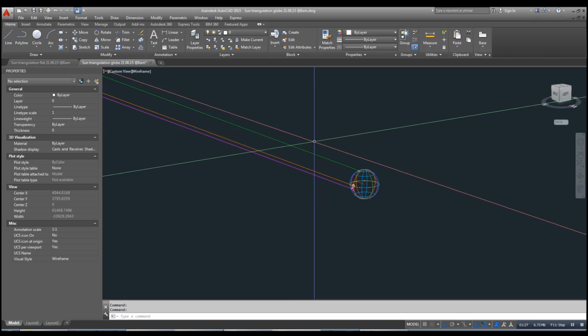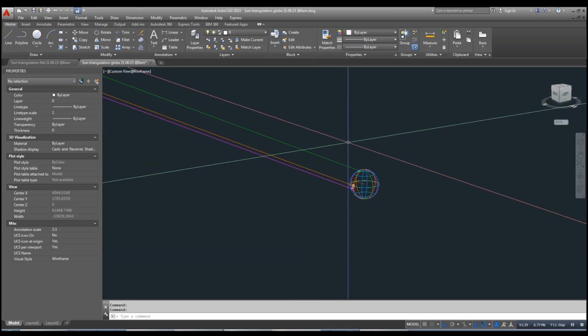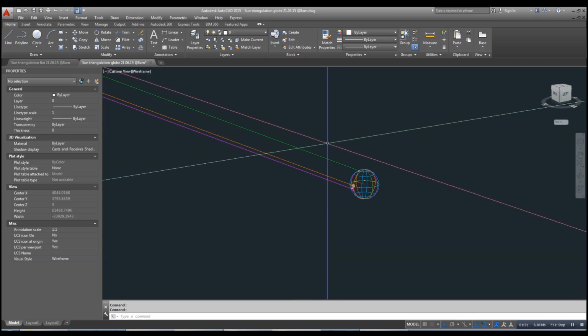Because I've also done a flat Earth version of this, which I'm going to show next.